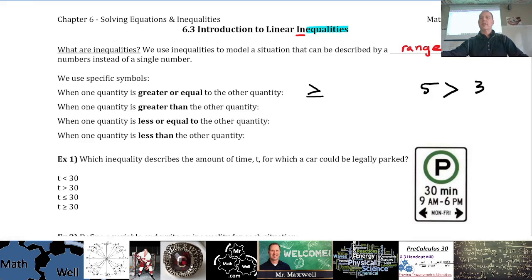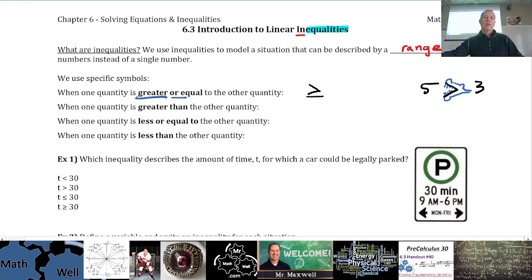This is the way I learned it, and the way I still think of it sometimes. She said this is like the mouth of a crocodile, and this crocodile wants to eat the larger amount of food. So here's this big, mean old crocodile. Whichever way the mouth is opening to, that's the larger one. If we read it as greater than, that means the first thing on the left is bigger than the thing on the right. That's why we have the mouth opening up to the left there.